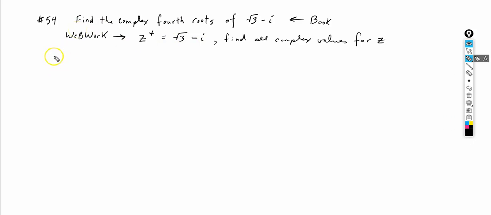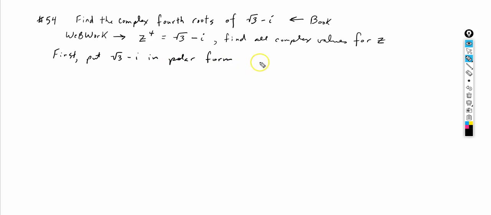So the first thing you have to do is to put the square root of 3 minus i in polar form. Now this was done in a previous video.